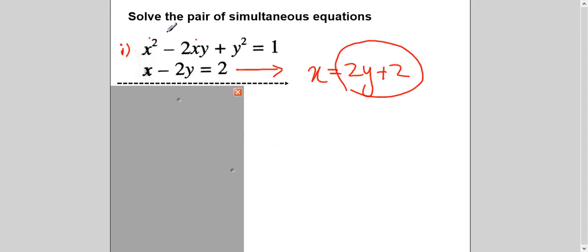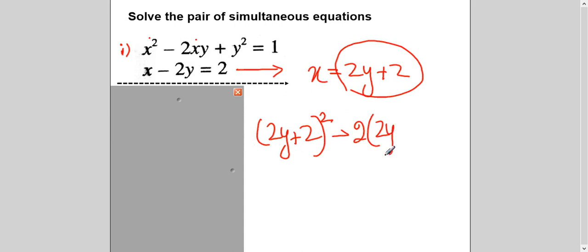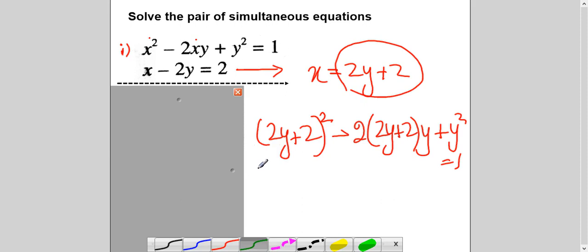Now I will just do one step to show you where students make mistakes. If you substitute this value of x here and here, now here you will apply the (a plus b) whole square method, right? Which is a square plus 2ab plus b square. So it will become this.